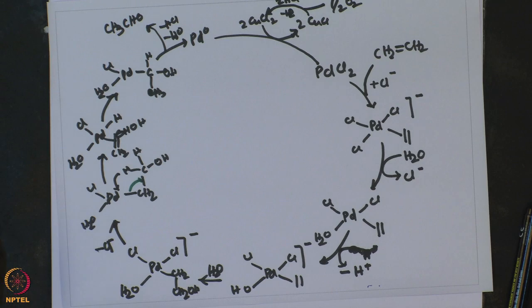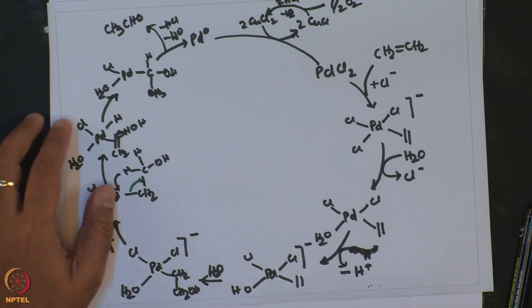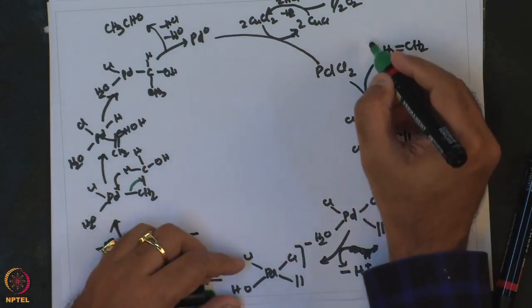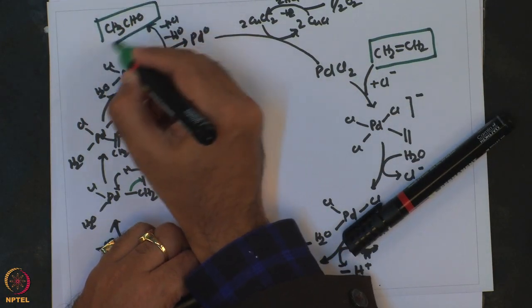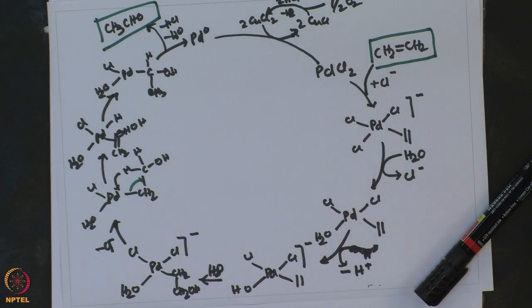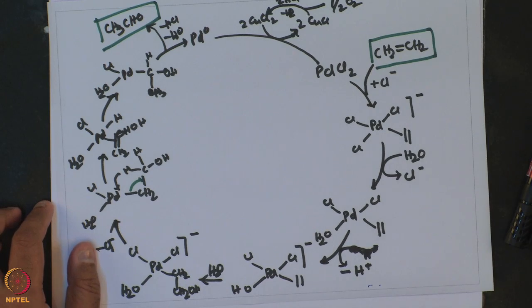So, this is a complex cycle, and this catalytic cycle converts ethylene to acetaldehyde. This is the reactant and this is the final product of the reaction, and this has been catalyzed by this organopalladium species.